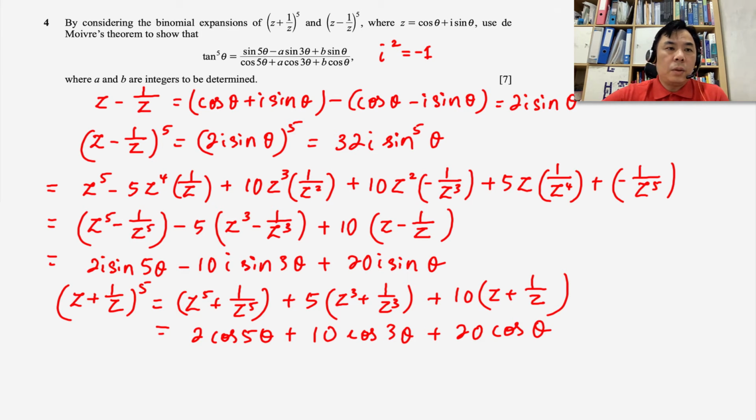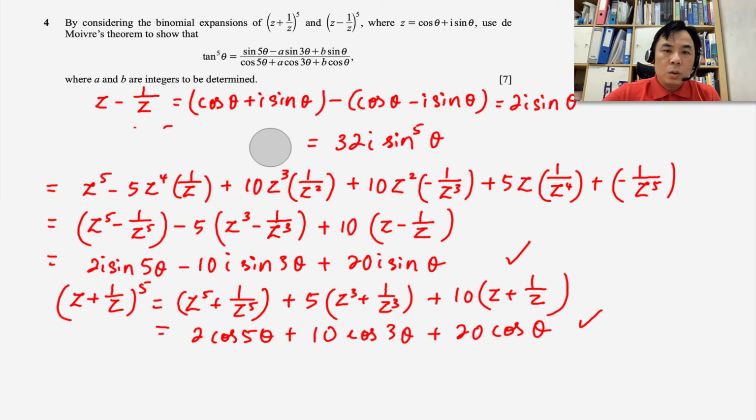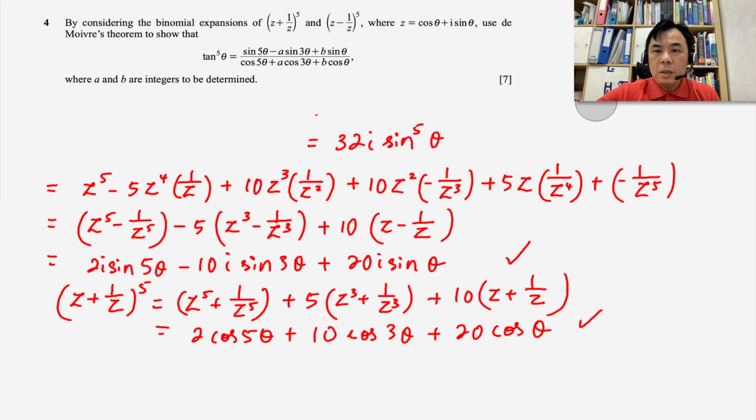Alright, now I'm going to pause here for a while. Alright, these are the two most important results that I need to use shortly. Okay, now I'm going to pause here, and then I'm going to write down what we have at this point of time. Okay, now I'm going to erase everything, not the entire thing, but the most important result that we are looking for.